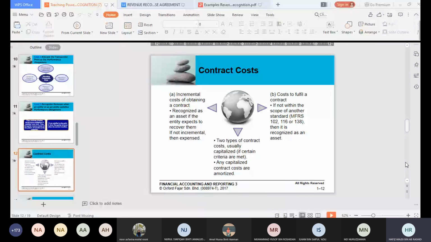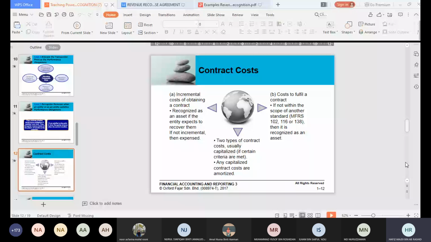However, if it cannot fall under 102 or 116 or 138, the cost can still be capitalized. Again, the main condition is that it must be related to the contracts, and you expect recoverability of such costs. If not, then of course you need to expense it.